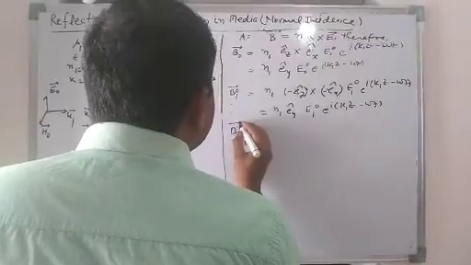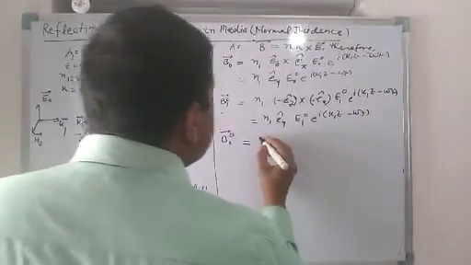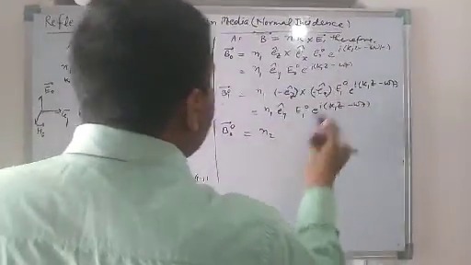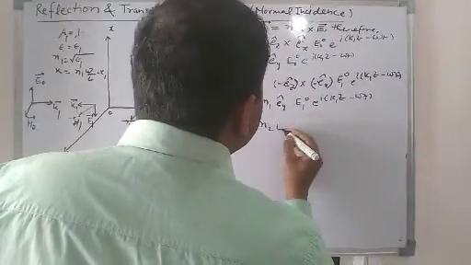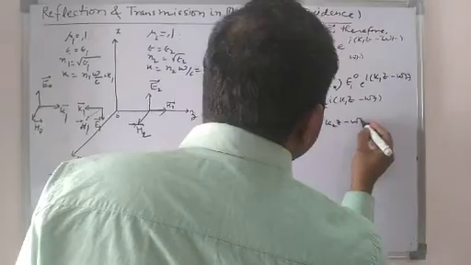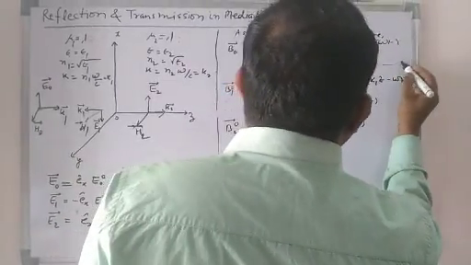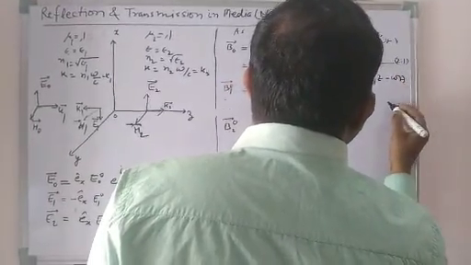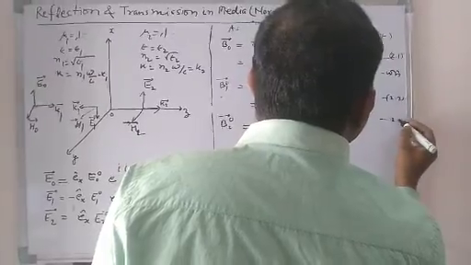Similarly, B2 naught, well, that's going to be the straightforward thing. We will have n2 ŷ E2 e to the power i(K2 z minus omega t). So these are my equation numbers 2.1, 2.2, 2.3.